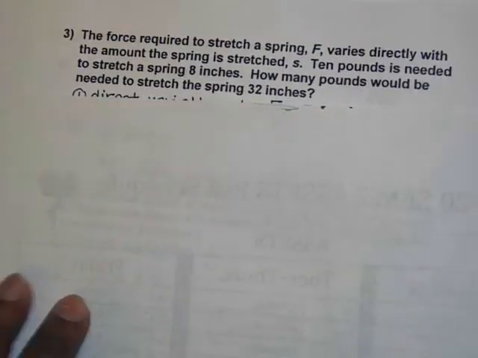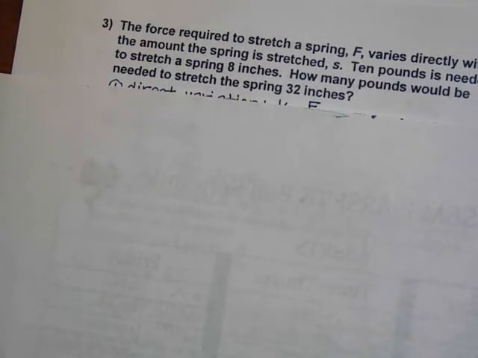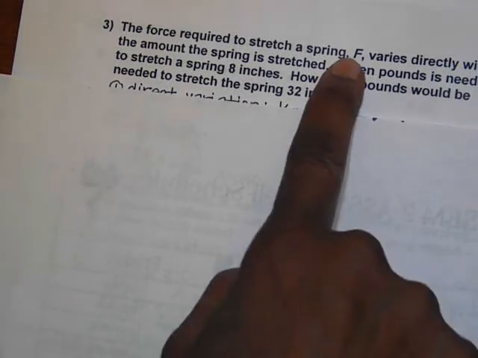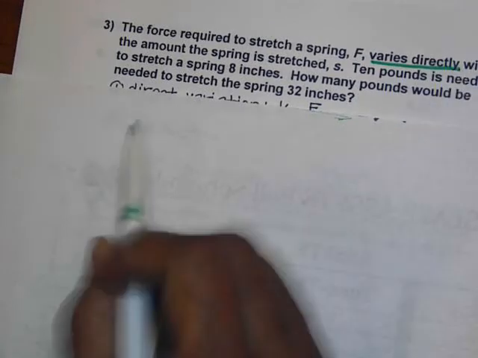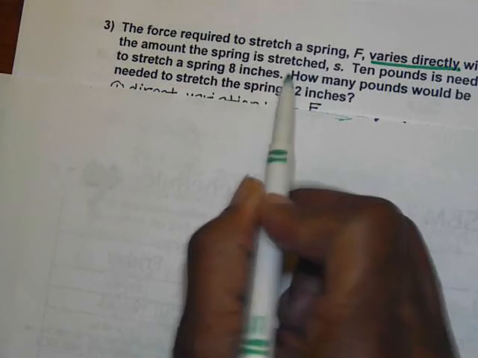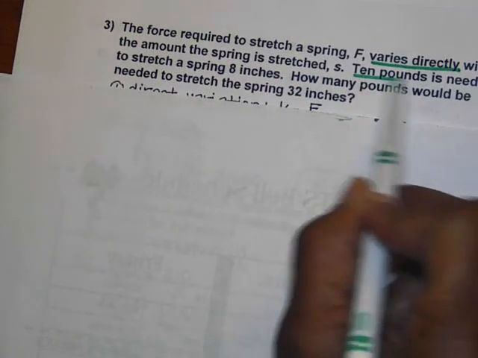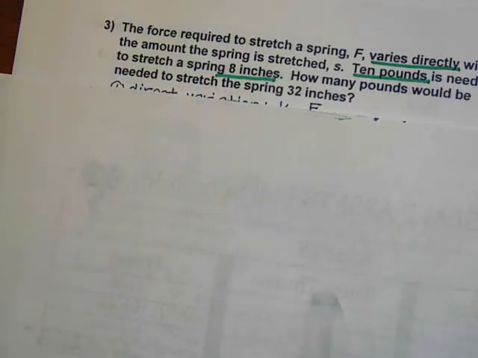Okay. This should look familiar from science. The force required to stretch a spring, F, varies directly with the amount the spring is stretched. 10 pounds is needed to stretch a spring 8 inches.